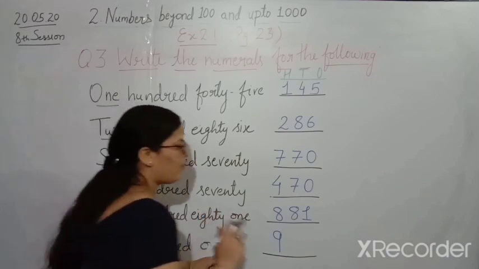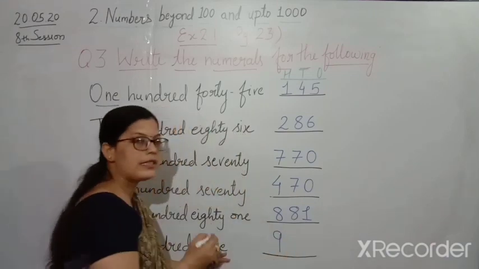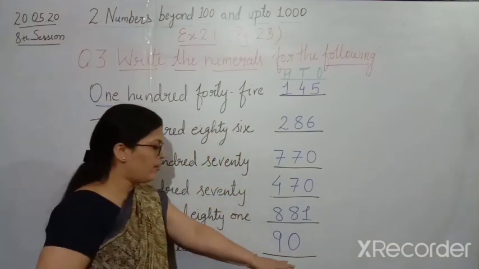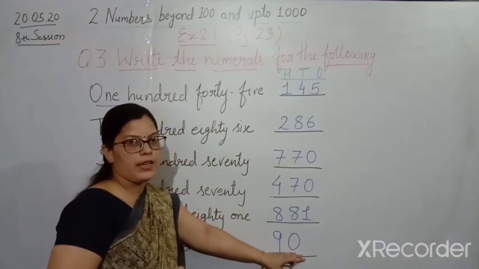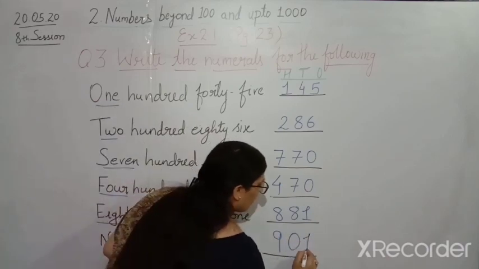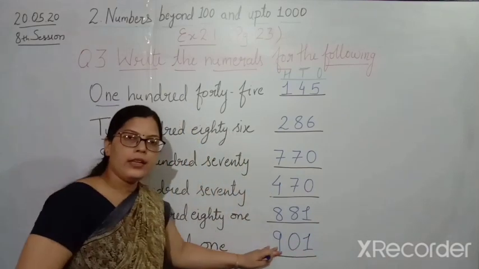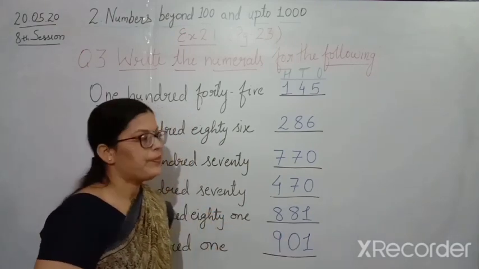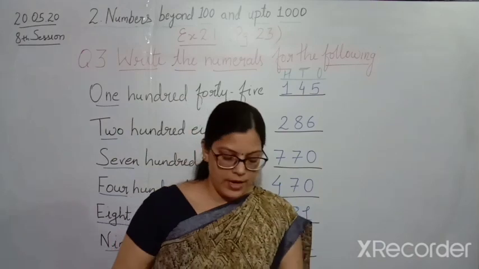So we'll write 0 at the tens place. And then the last, ones place, is 1. So the number is 901. Clear? Now we'll do the second side.